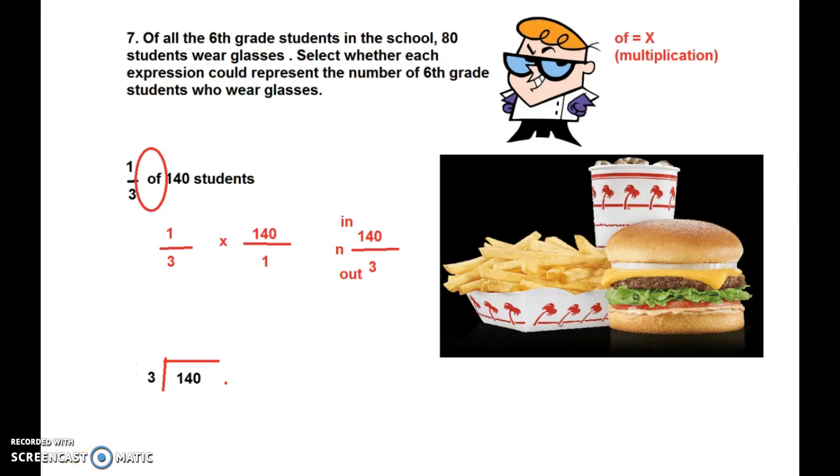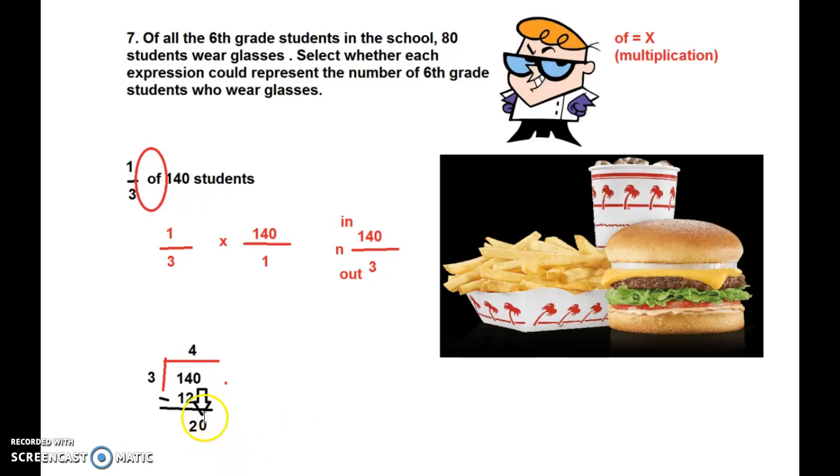Oh, I got a phone call. One sec. All right, so we know 3 times 4 is 12. So then we can subtract here. 14 minus 12 equals 2. Then we bring down our 0 to make this 20, right?